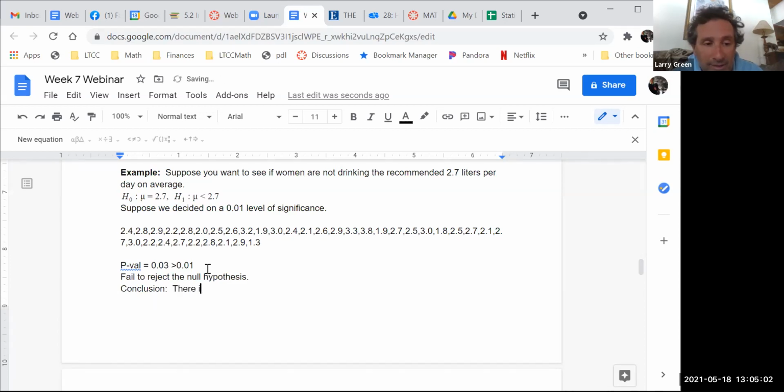Now we say there is statistically insignificant evidence. Sometimes you'll also say insufficient. That's another way of saying it. Evidence to support the claim that the population mean amount of fluid that women drink is less than 2.7 liters.